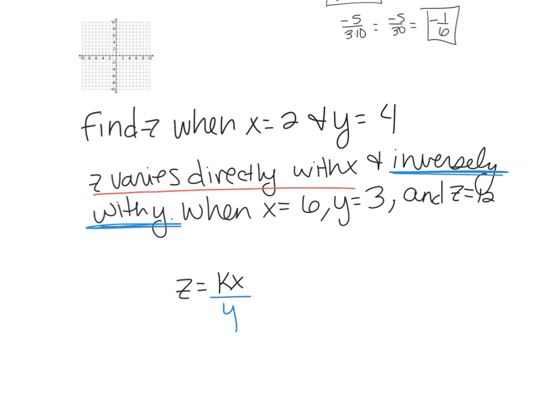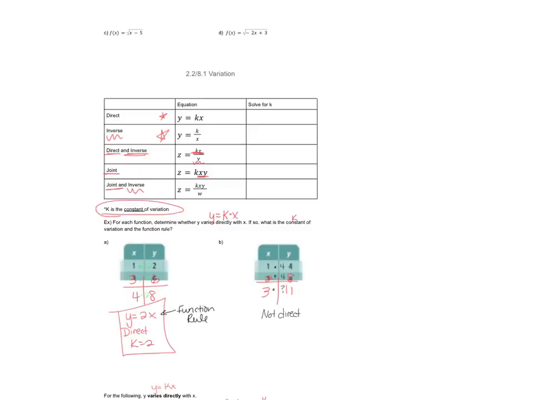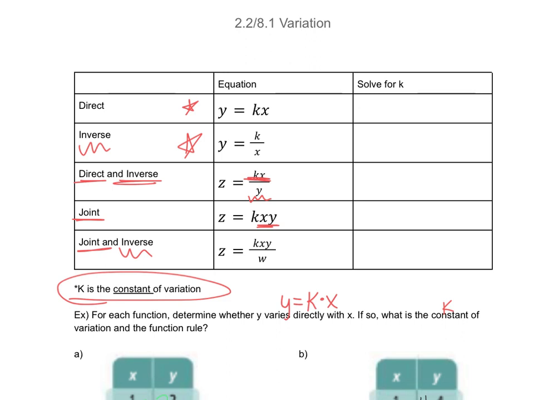So that would be divided by y. Okay, so if you notice, we have that set up, but if you go back to the very beginning, it looks just like what we had up here. So direct and inverse. That's one of the reasons I didn't have you memorize that, because you can build it on your own. So, if you want to memorize it, you can, or you can just know how to put the two together, whichever you prefer.